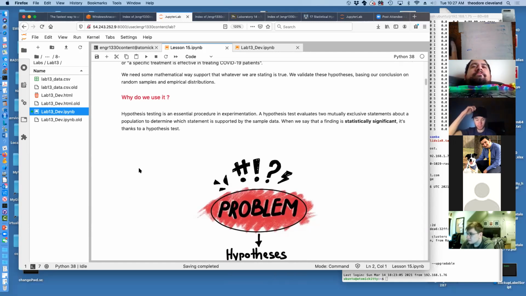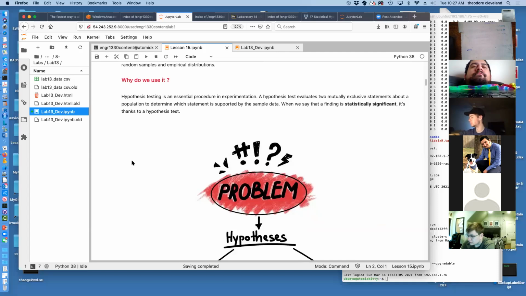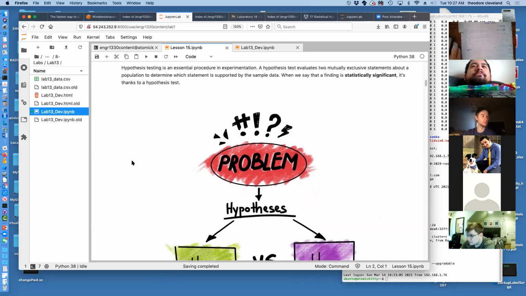A hypothesis test evaluates 2 mutually exclusive statements about a population to help us determine which statement is supported by the sample data. If our particular assertion is indeed supported, we might say that we have found a result that is statistically significant.